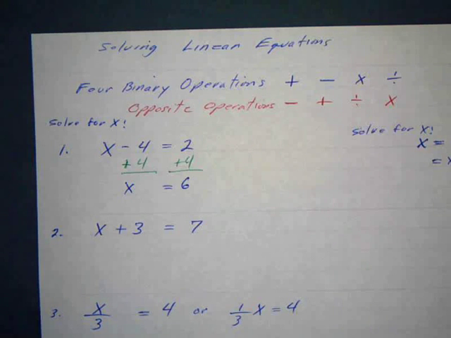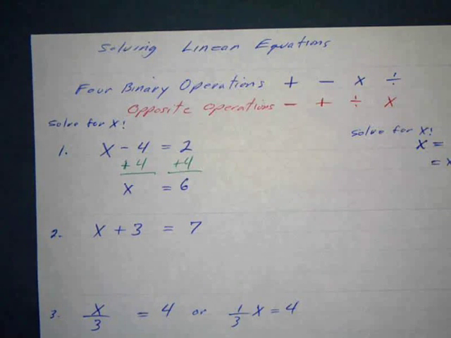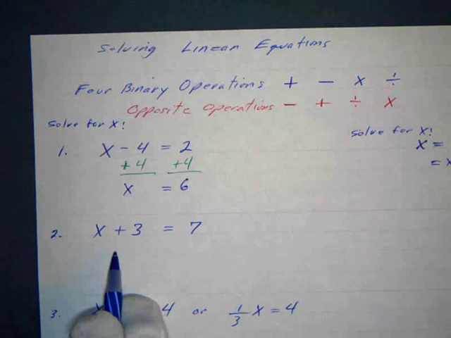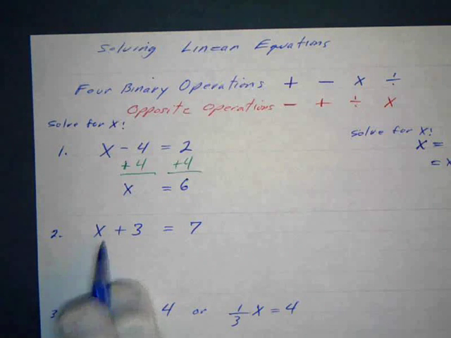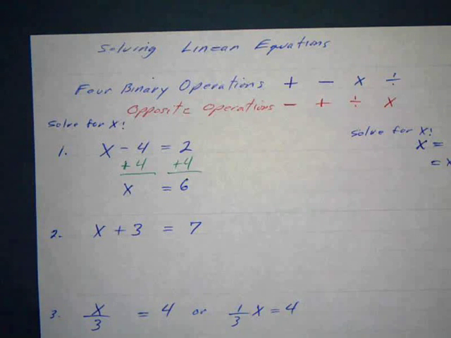Okay, if I take a look at number 2, x plus 3 equals 7. So I want to solve for x. I want to isolate the x. So I want to remove the 3. It's joined by addition. What's the opposite of addition? Subtraction. So I'm going to subtract 3 from both sides.